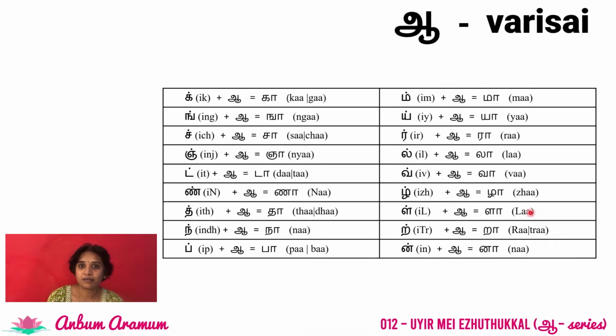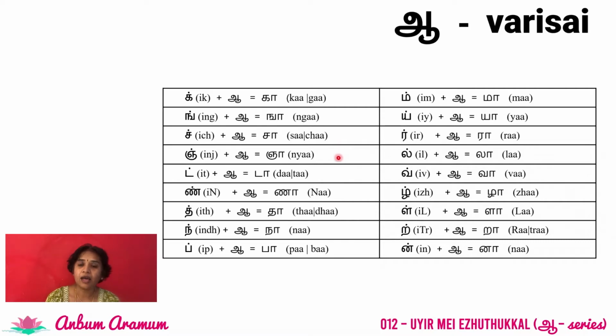Let's go over this table now. Ik plus A is Kaa or Gaa. Ing plus A is Ngaa. These are similar to the Kuril sounds, but we just elongate the A sound. Ich plus A is Saa or Chaa.